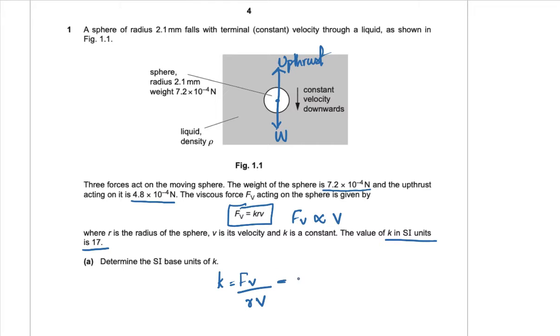Force is mass times acceleration, where mass is in kg and acceleration is in meters per second squared, divided by the radius, which is always measured in meters, multiplied by the velocity, which has the unit meters per second. This gives us the SI base units of k as kilograms per meter per second.